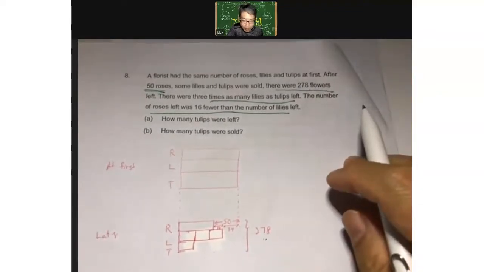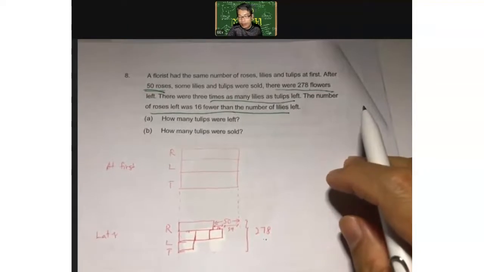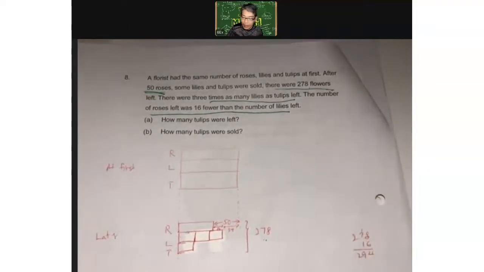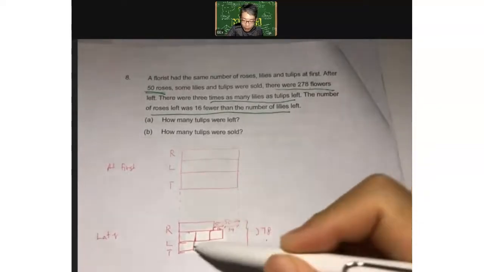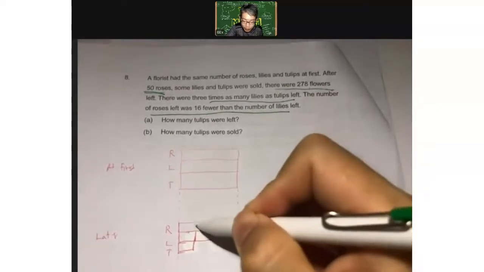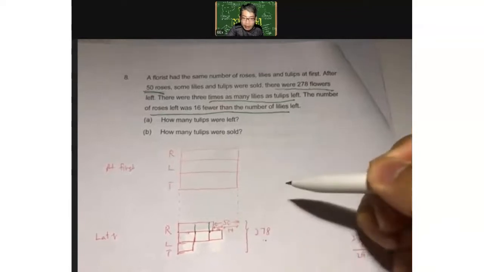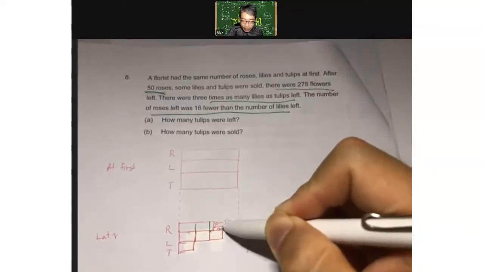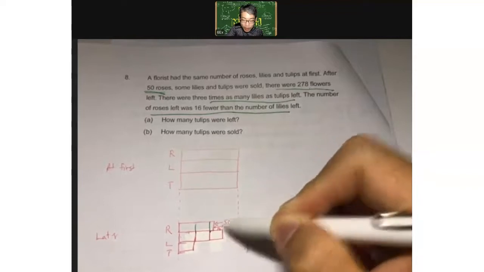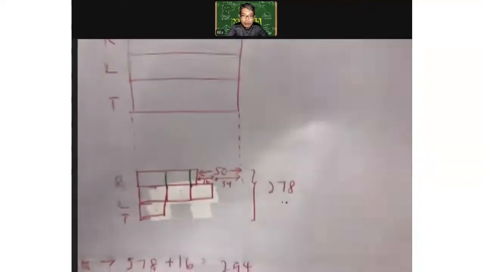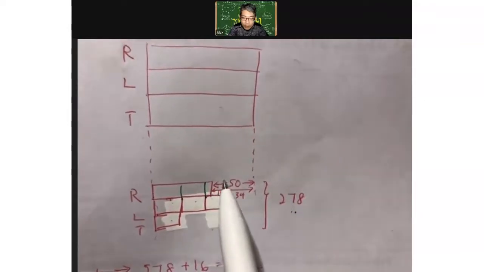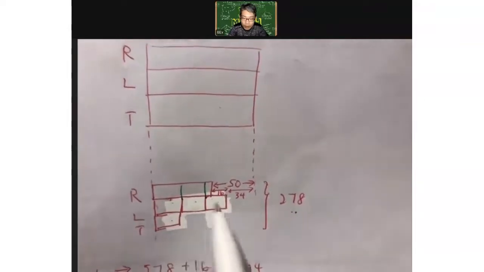So how can I solve this question? Now, if only I can find all equal units. How can it be all equal? 1, 2, 3, 4, 5, 6. If only this is 1 unit, I would have 7 equal units, right? How do I get 1 unit? Very simple. So let's add in 16. If I add in 16, I'll form 1 unit. So 1, 2, 3, 4, 5, 6.